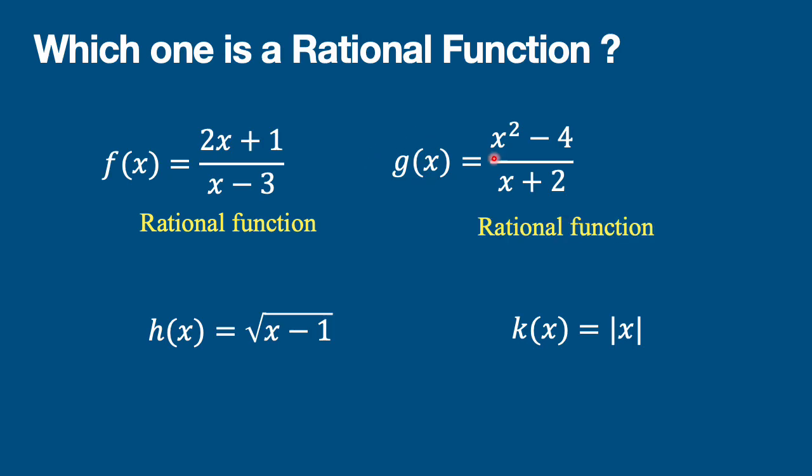G of x equals (x squared minus 4) over (x plus 2). That's also a rational function because it's a degree 2 over a degree 1 polynomial. H of x is a radical function because of the radical form. K of x is the absolute value of x. That's an absolute value function. Guys, make sure a rational function is polynomial over polynomial.